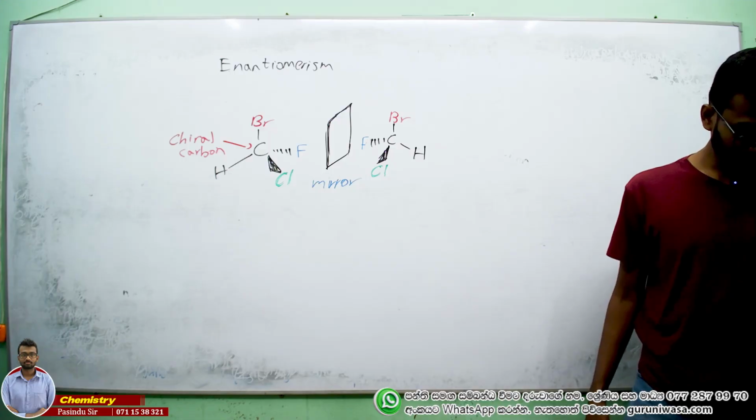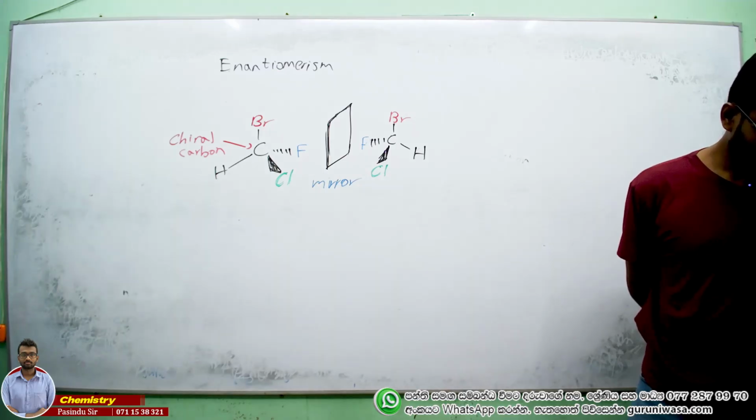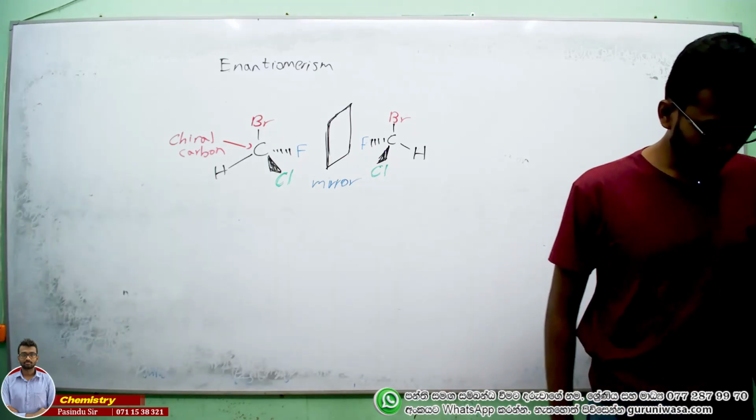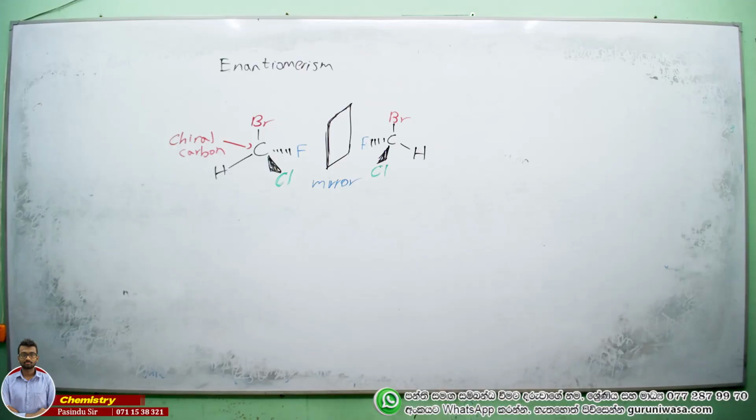Just write down: isomers which are mirror image of each other are known as enantiomers.